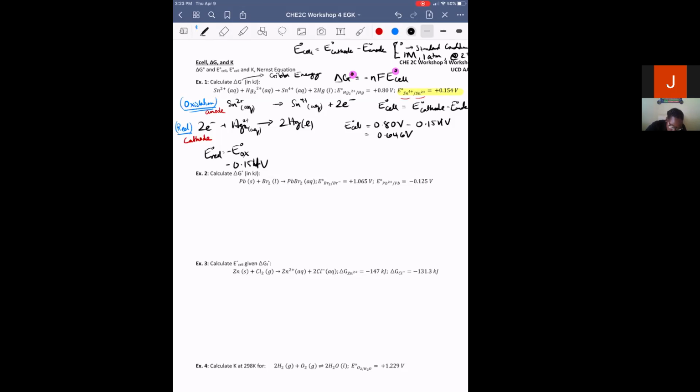If I use E0 for oxidation, now I can add my reduction plus oxidation cell potentials to get Ecell. So I take my 0.80 volts and add negative 0.154 volts, and this gives me the same value, 0.646 volts. So my Ecell for both of these methods is the same.